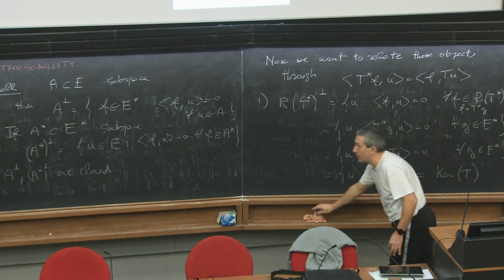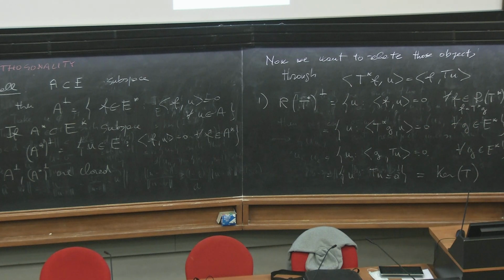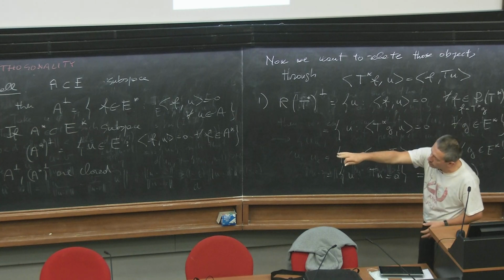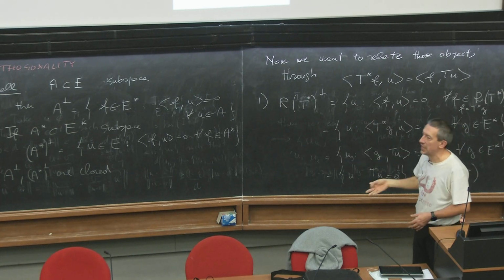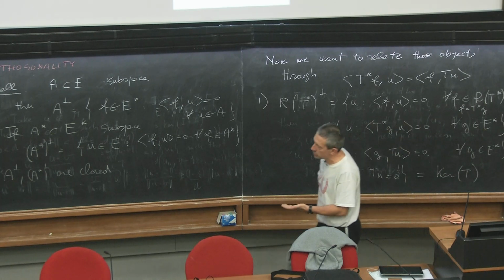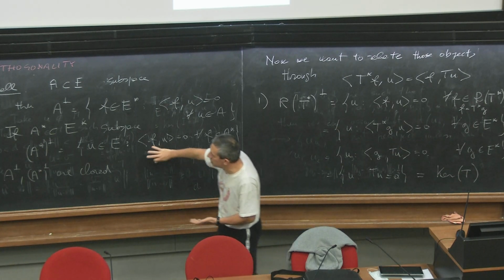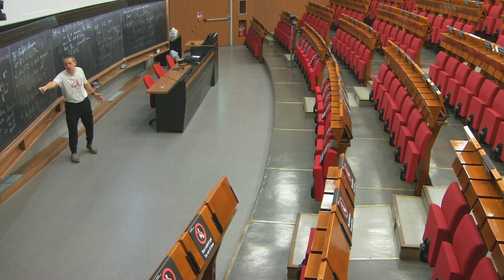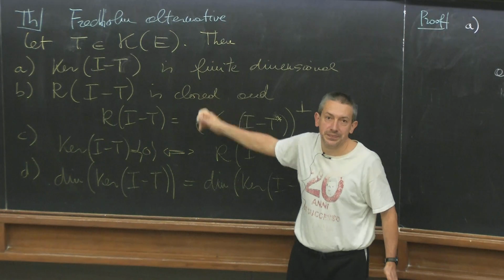Now let's do the other one. So basically, we are trying to arrive at point B for general operators, not for operators with a particular property, because you see that from this observation, one necessary condition is that this guy is closed, and this is in the assumption.